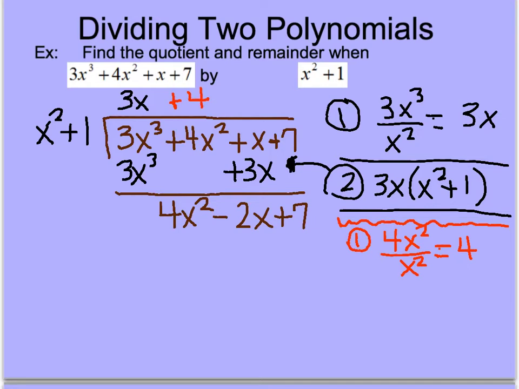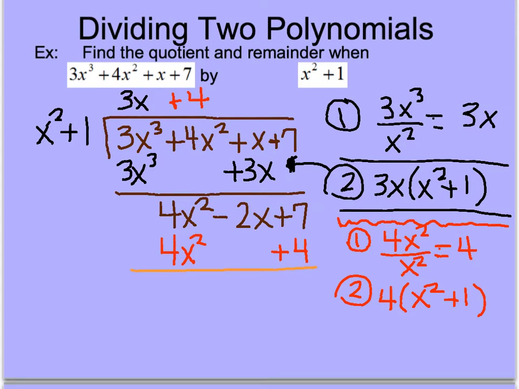And then just like I did step 2 over here, step 2 for this second round is 4 times the divisor. When I do 4 times the quantity x squared, I get 4x squared and a positive 4. And notice this time I wrote my positive 4 over here under the 7, because they're like terms.